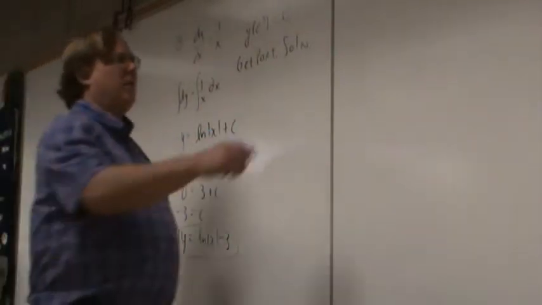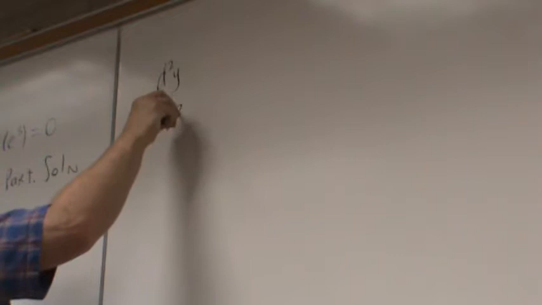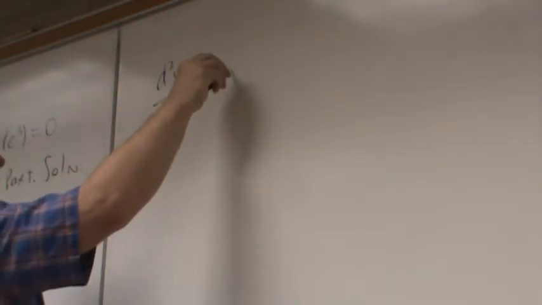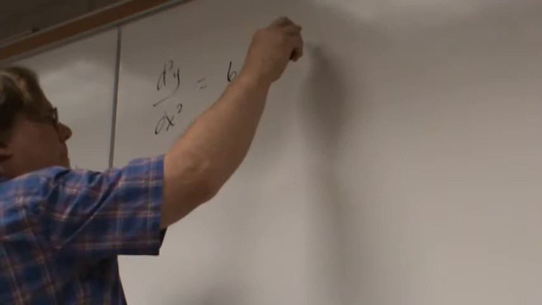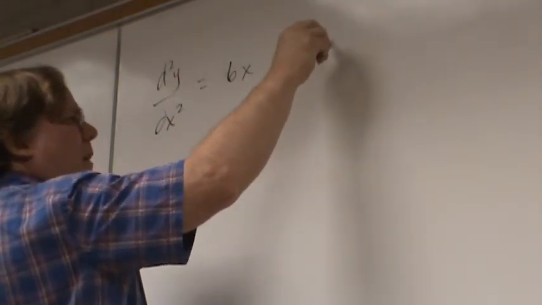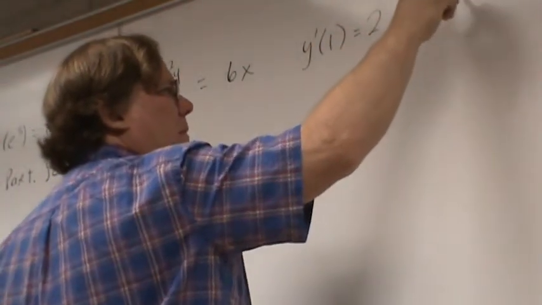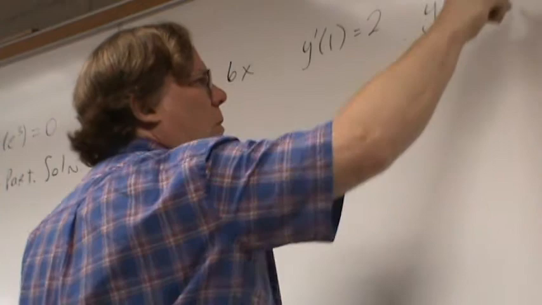What if I told you that the second derivative equals, let's make it even, 6x, and y prime of 1 equals 2, and y of 0 equals 4.